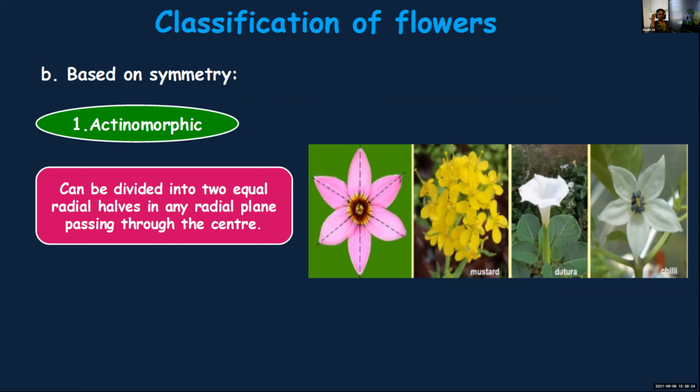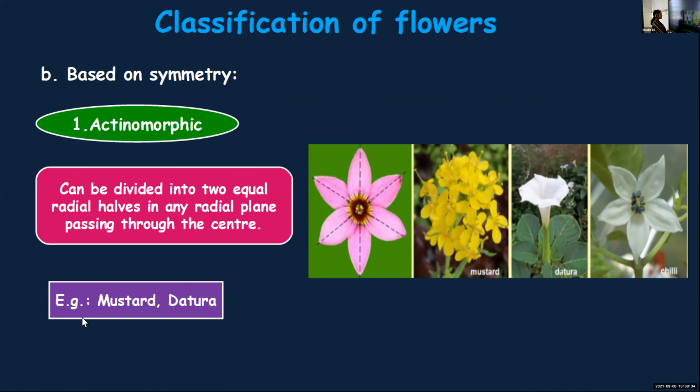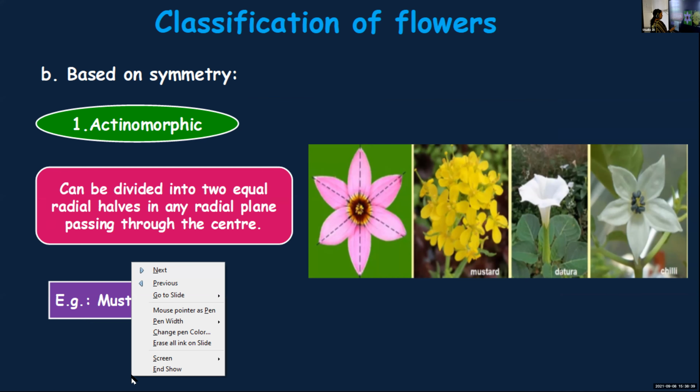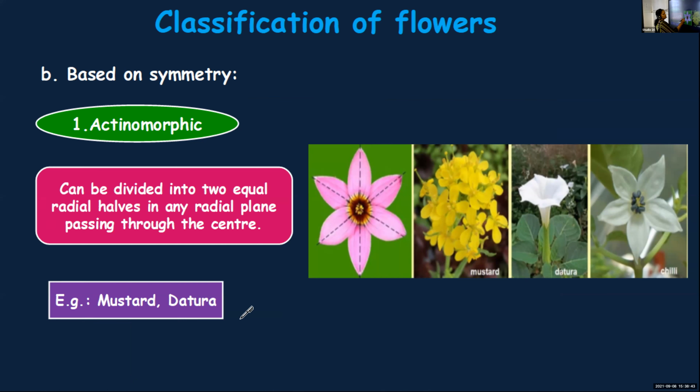If you cut it through any radial plane which passes through the center, you will get two identical halves, 1 and 2.